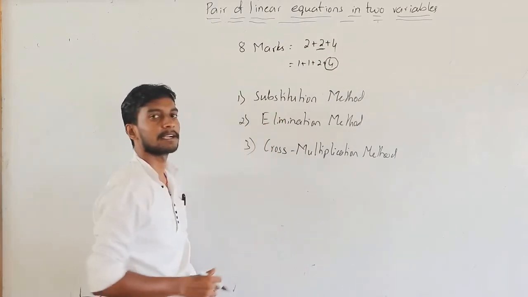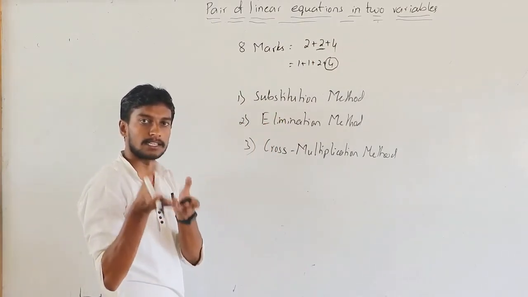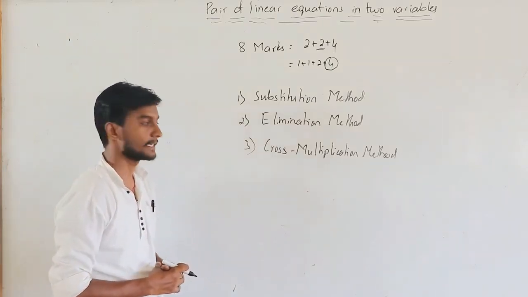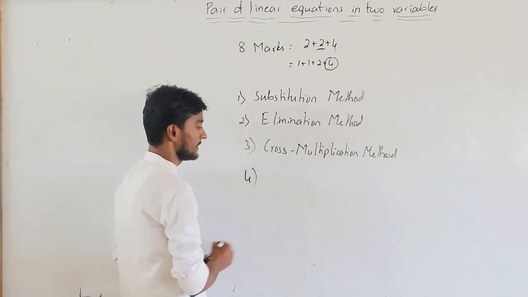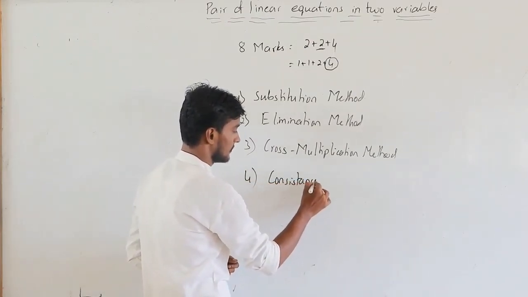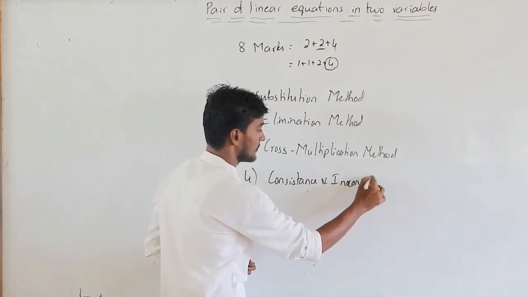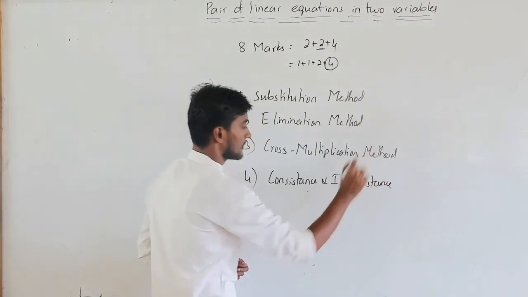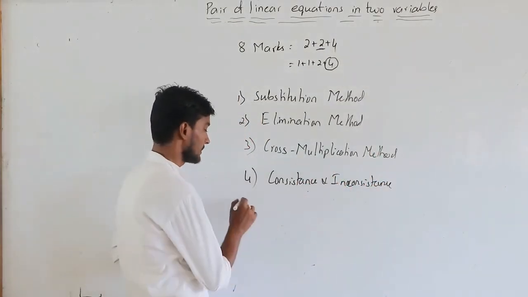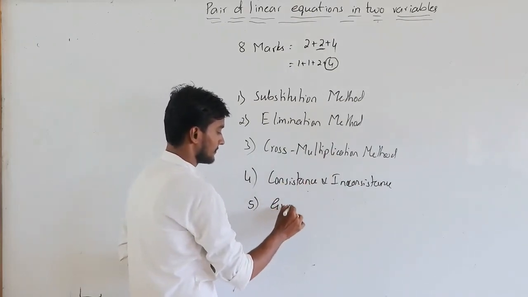In these only you may get verbal problems. I have told you how to solve the verbal problems. Using the statements, you have to make the linear equations. Then you have to find the values of x and y. Also you have studied consistent and inconsistent linear equations, and the graphical method.